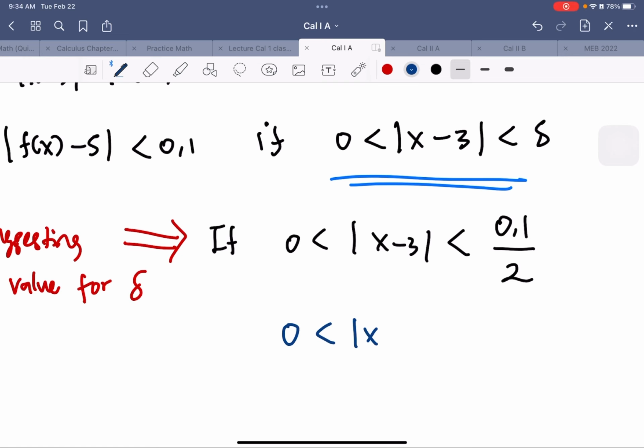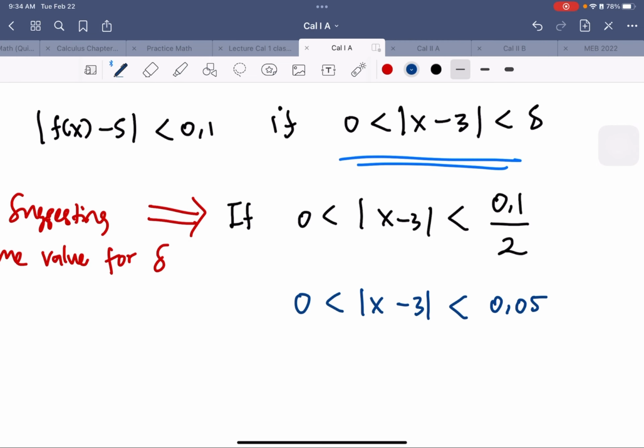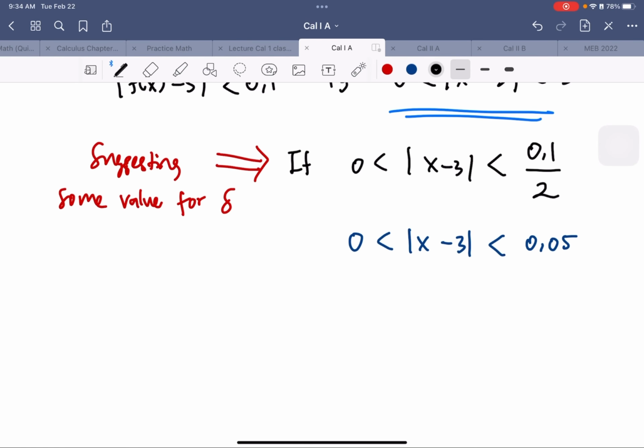Then the distance is between 0 and 0.05. Okay. Then we turn back to our f of x.